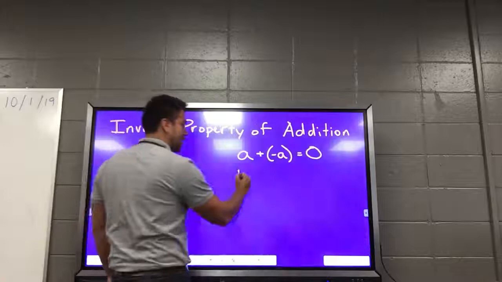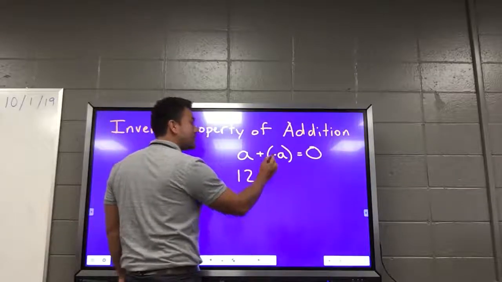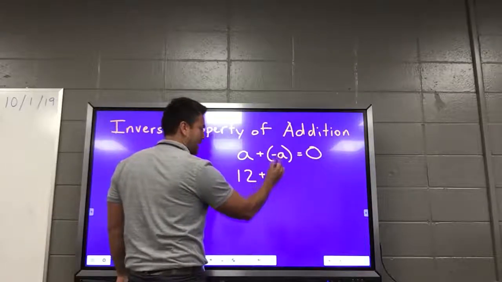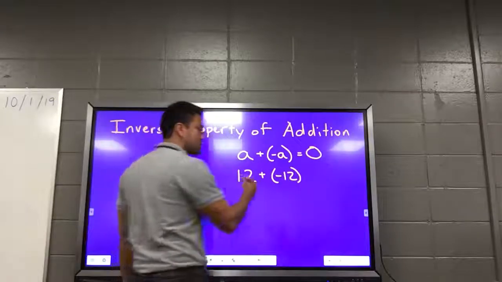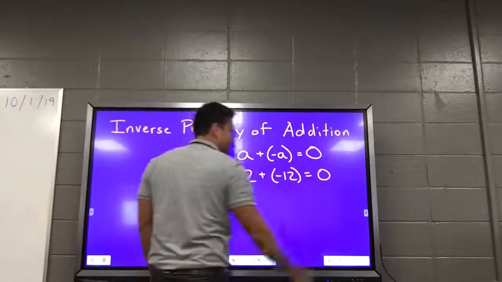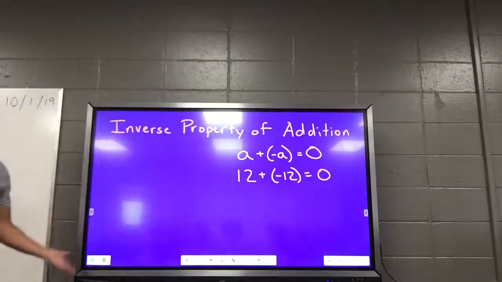All right, ready, guys? If A is 12, what's the opposite of A? Right? And what's 12 plus negative 12? 0. Yay, you just gave us a fun fact that we all knew and didn't really care about, right?